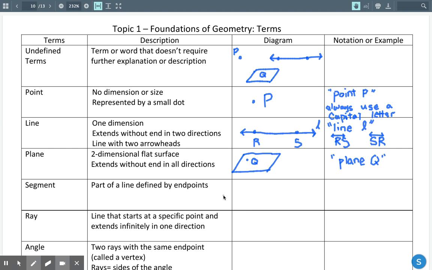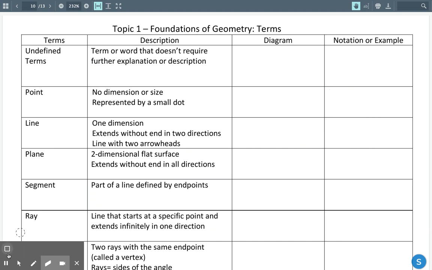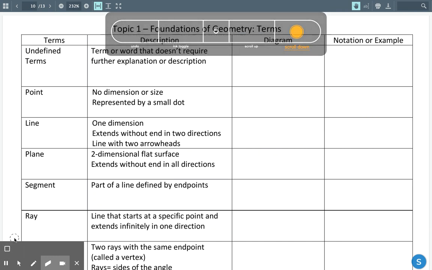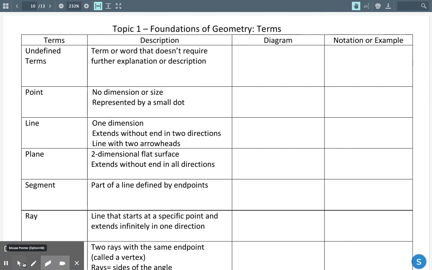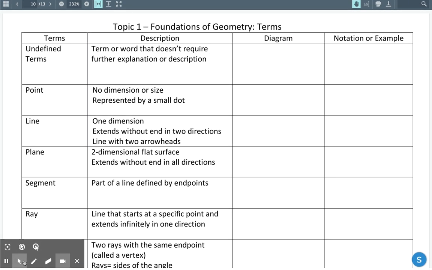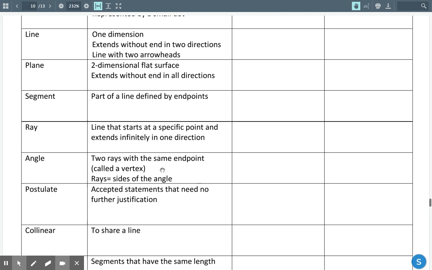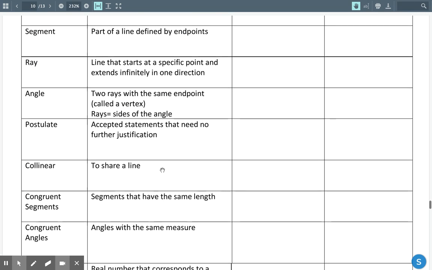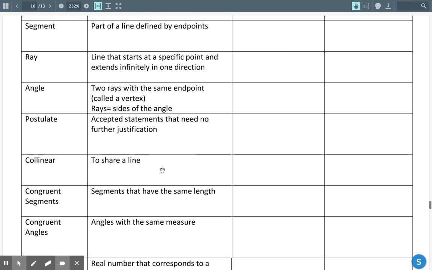So I'm going to go ahead and clear these notes and scroll down so that we can look at the next couple things. Nope, my scroll down button doesn't work. Okay, so let's scroll down and we're going to look at our other terms.